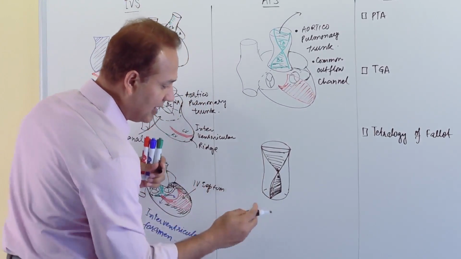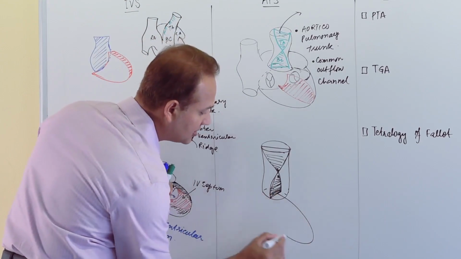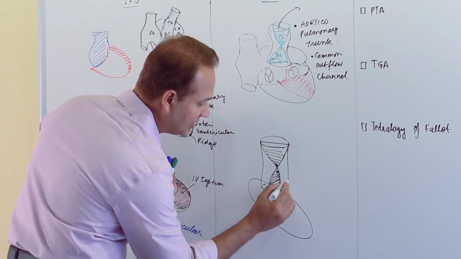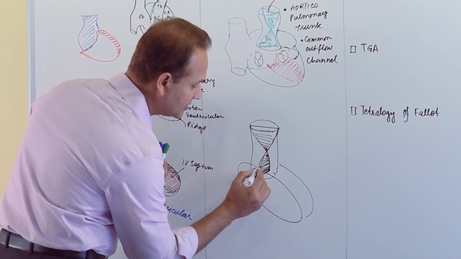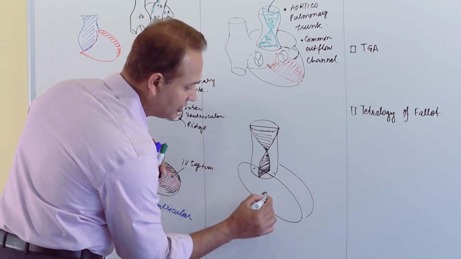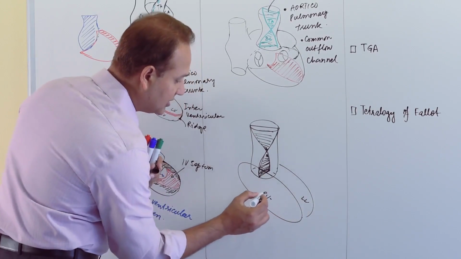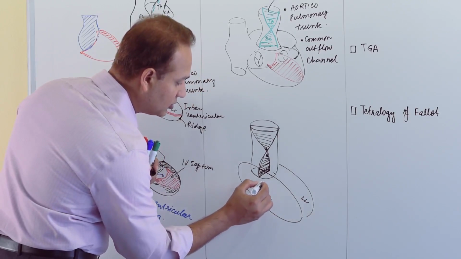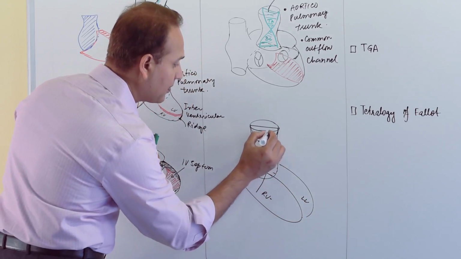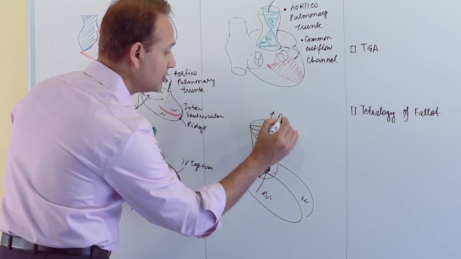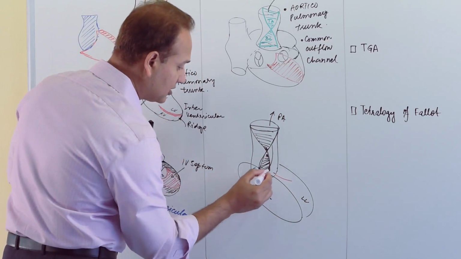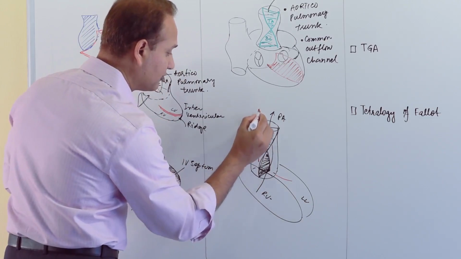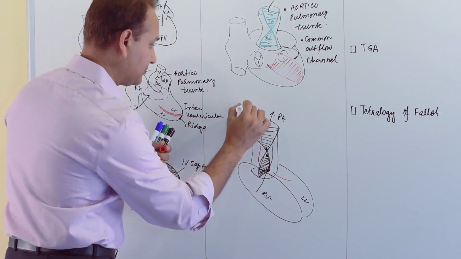Then due to that, what happens is, if this was the right atrium, let's say this is the right ventricle, this is the left ventricle. The blood from the right ventricle goes through here and comes out of here, that is a pulmonary artery, and the blood from the left ventricle enters here and comes out of here, and that is the aorta.